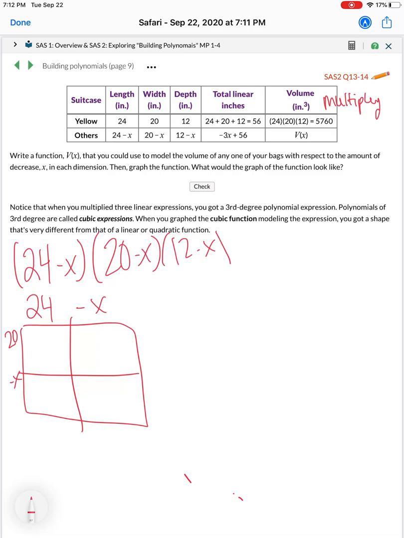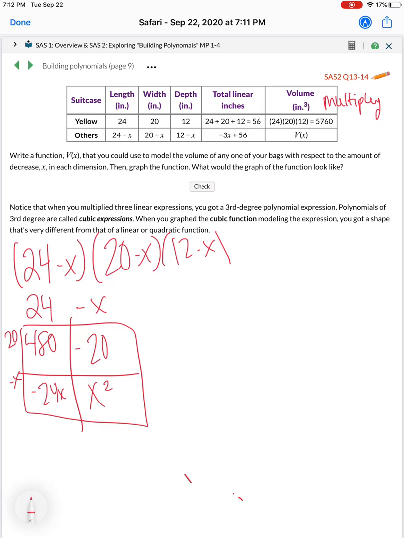Okay. And I am going to say 24 times 20 is 480. 20 times negative x is negative 20x. 24 times negative x is negative 24x. And a negative x times a negative x is a positive x squared.